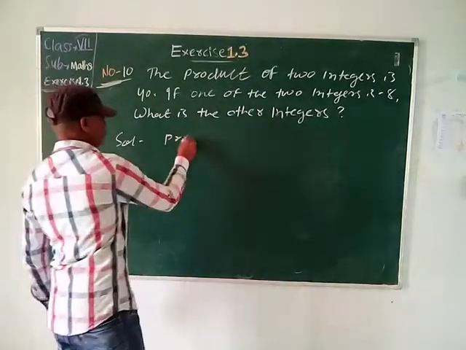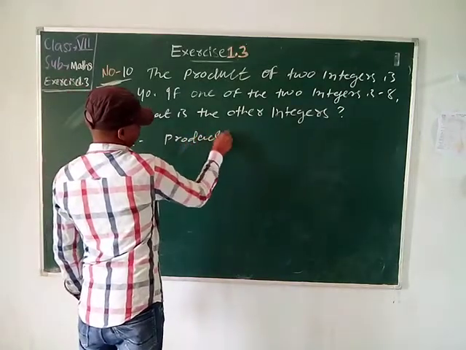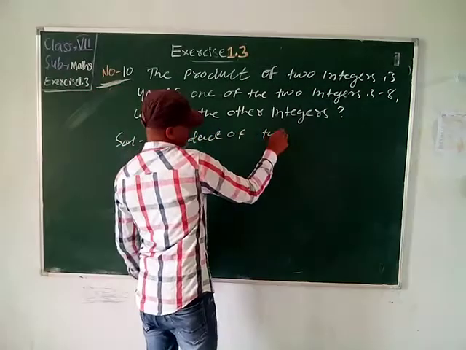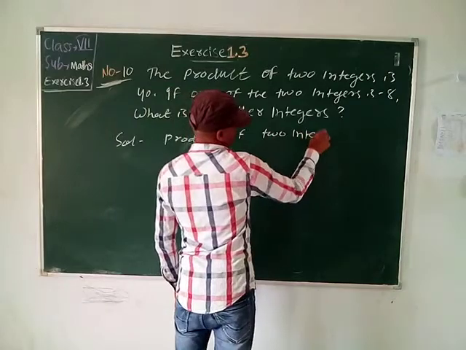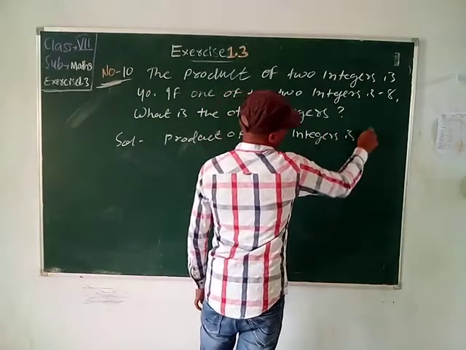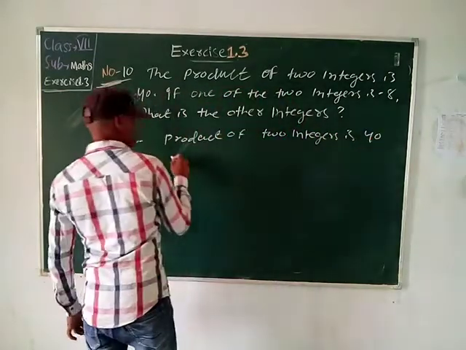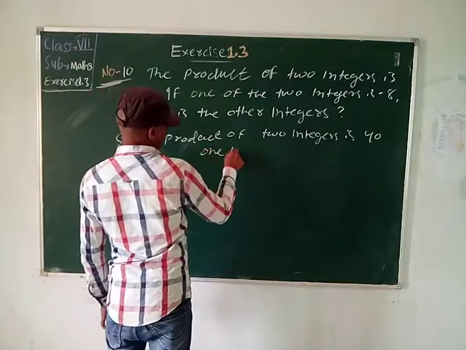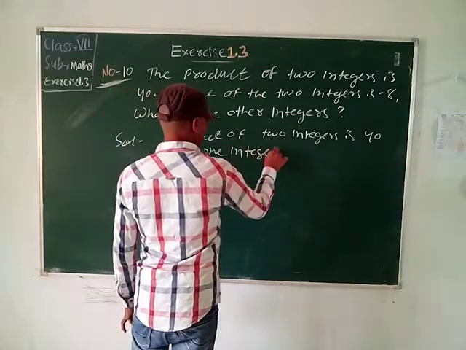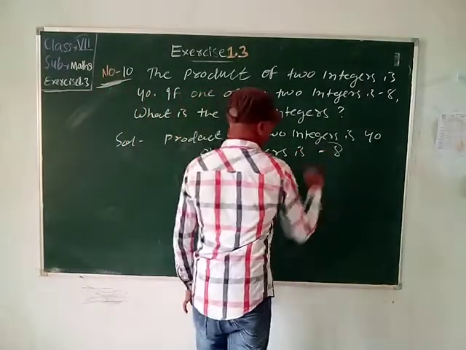The product of two integers is 40, and one integer is minus 8.